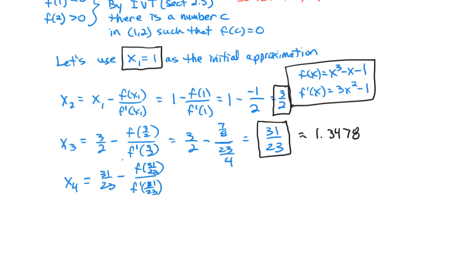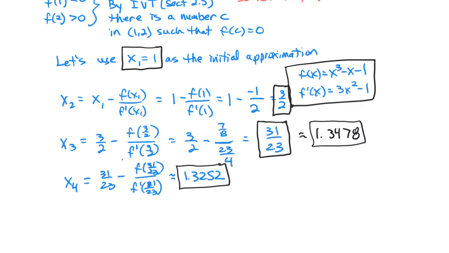You can see this would really be a nightmare if we really had to do this. We get about 1.3252, which is our fourth guess. And we would keep on going until we got as accurate as we wanted, which I'll show you what I mean by that when you do one of these on the calculator.